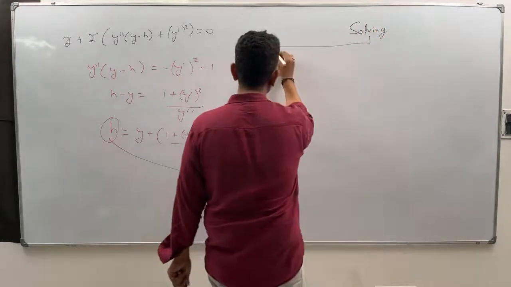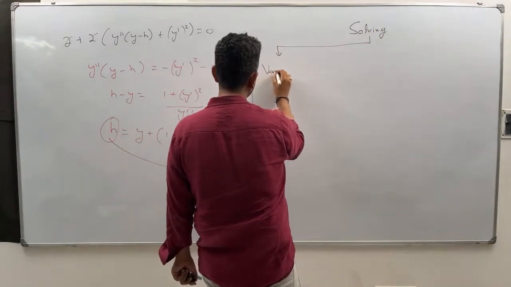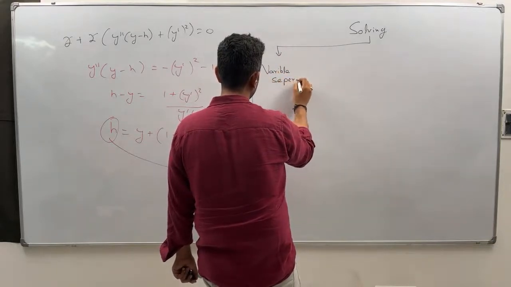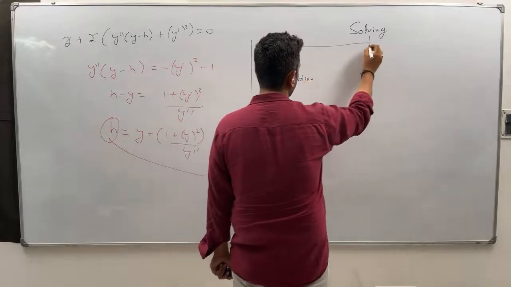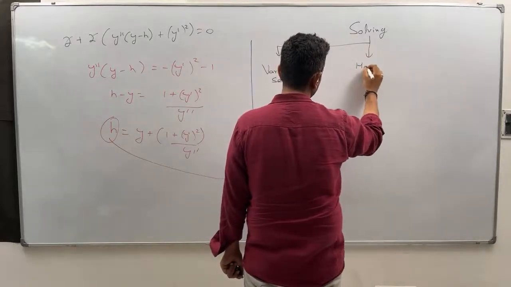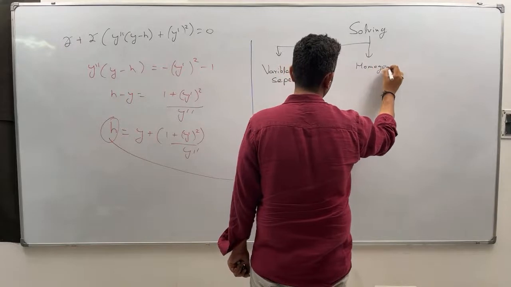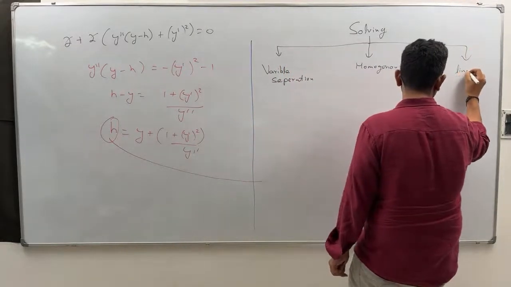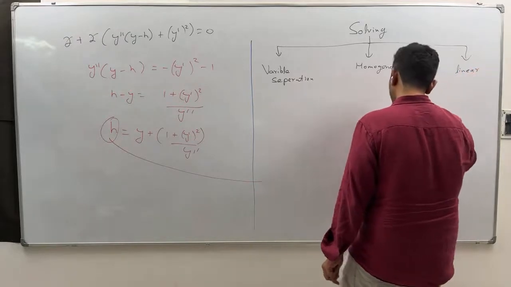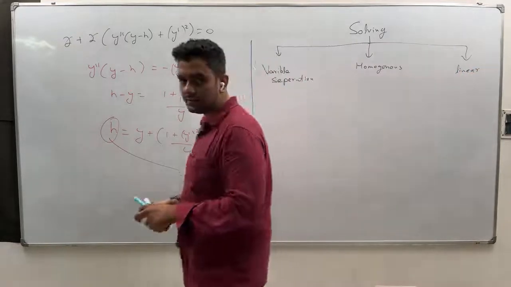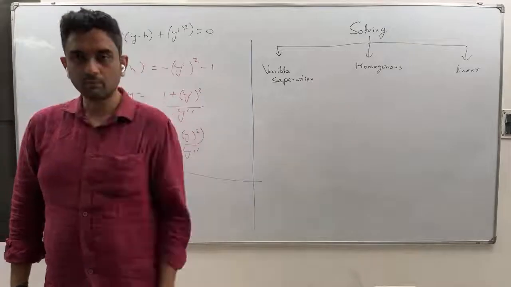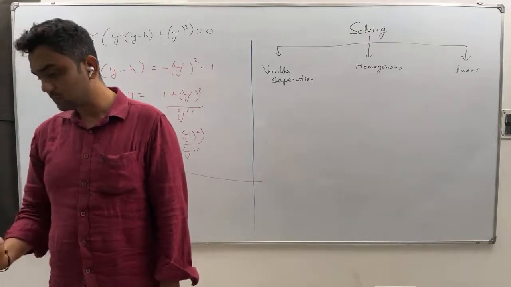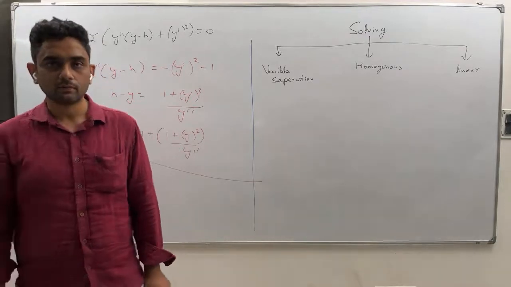Solving can be done in three different methods: variable separation, then homogeneous, and then linear. There are three different methods to simplify a differential equation. We'll be able to do variable separation today. Remaining two we'll do later.